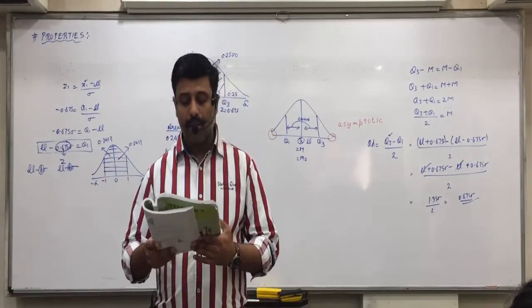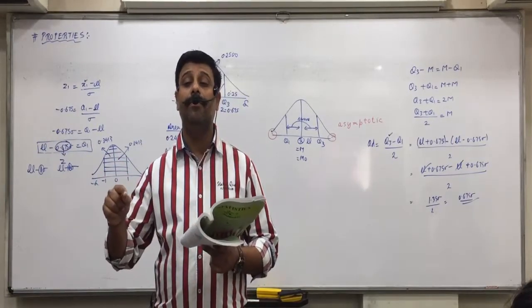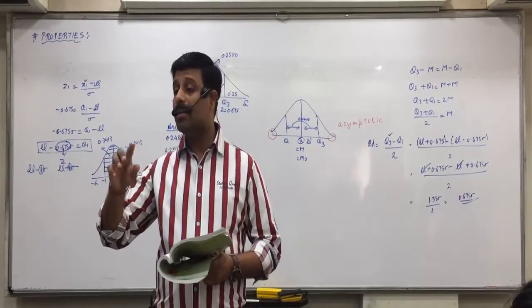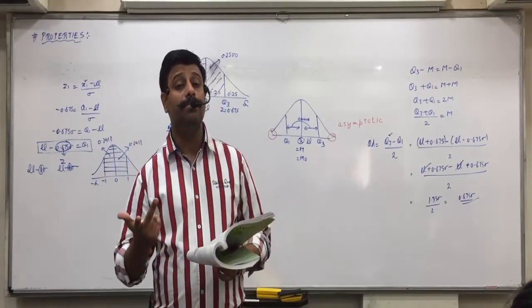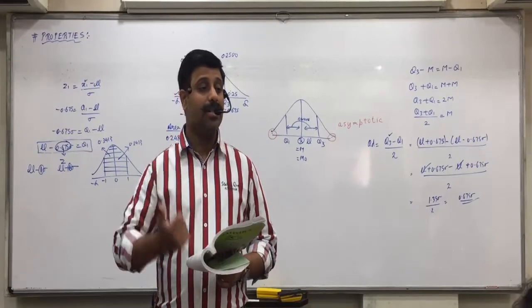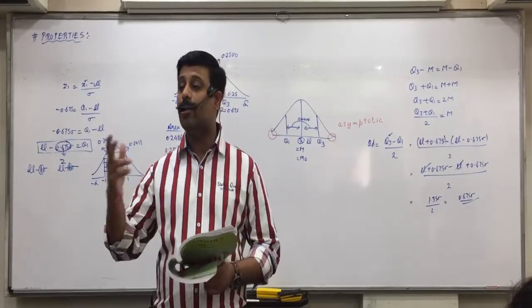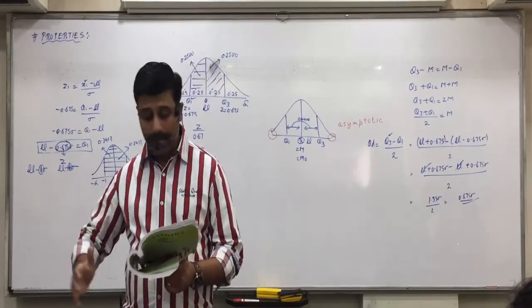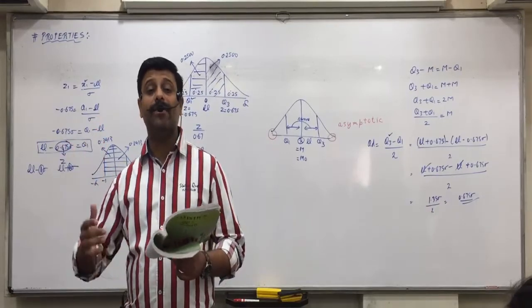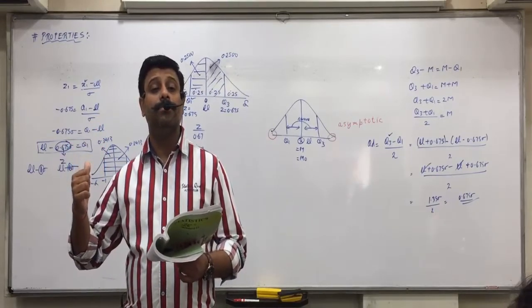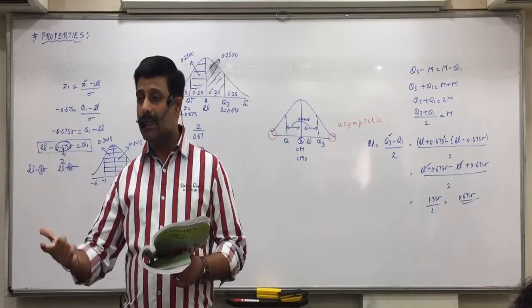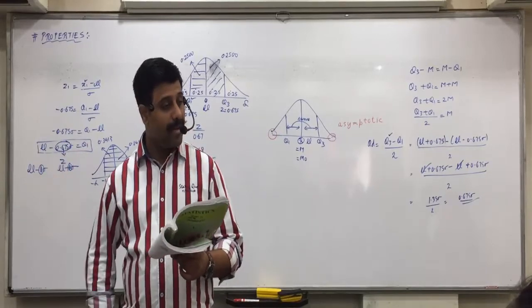Then sixth, quartile deviation is 2 by 3 sigma. Sigma is 1 in a standard normal distribution, so 2 by 3 into 1, 2 by 3. Mean deviation, what did we study on the previous page? 4 by 5 sigma, sigma is 1, so only 4 by 5.